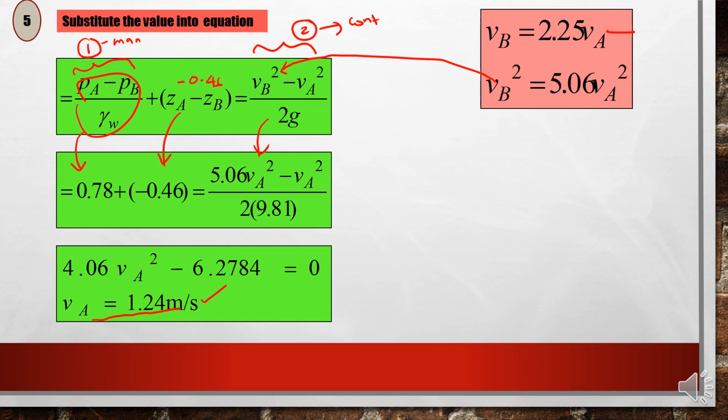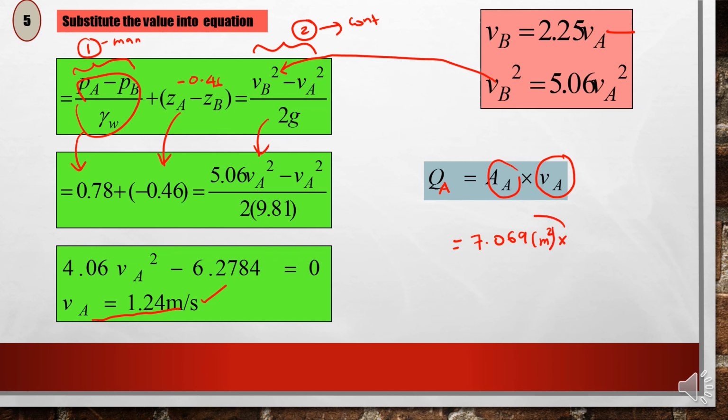The velocity at point A. And the question also asks you to determine Q_A. So in order to determine Q_A, we just have to multiply V_A and A_A. From the previous procedure, we know that A_A is equal to 7.069 meter square, and you just need to multiply with the V_A that we get from here, which is 1.24 meter per second.